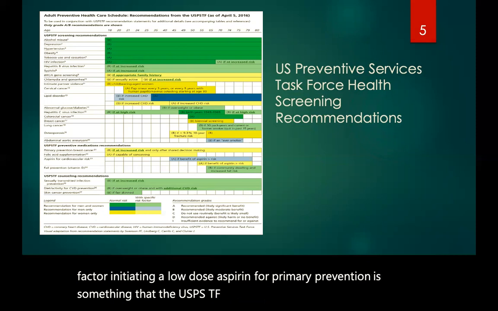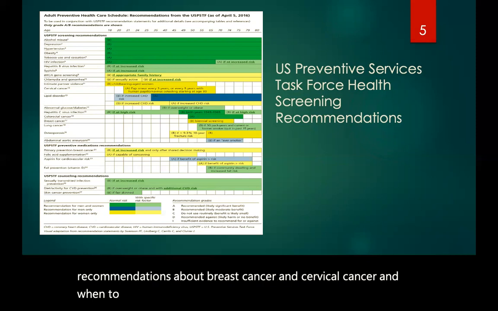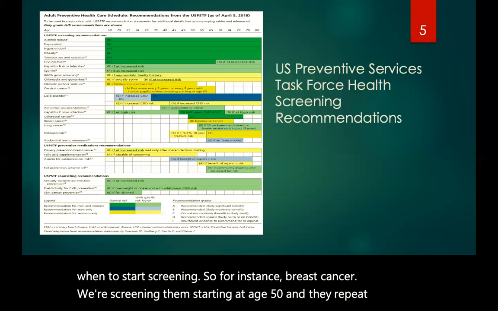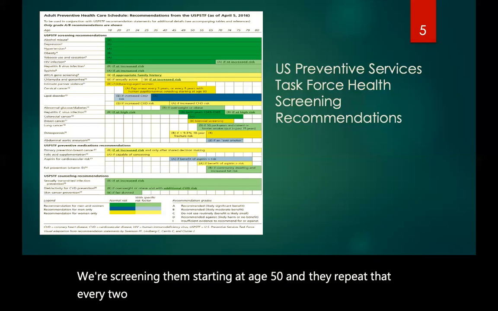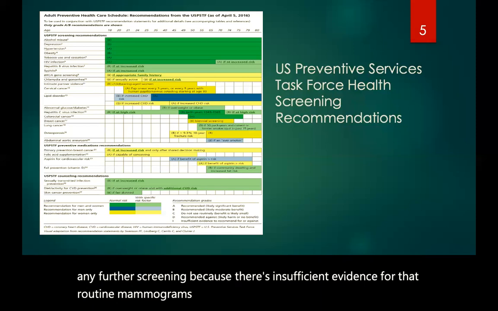They have recommendations about breast cancer and cervical cancer and when to start screening. So for instance, breast cancer, we're screening them starting at age 50, and they repeat that every 2 years until age 74. After age 75, there is no point to do any further screening because there's insufficient evidence that routine mammograms actually do any kind of prevention at that point.